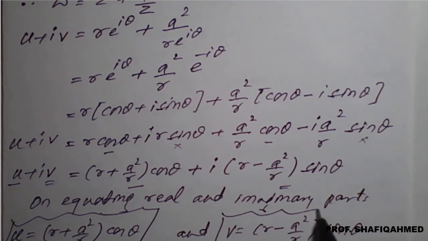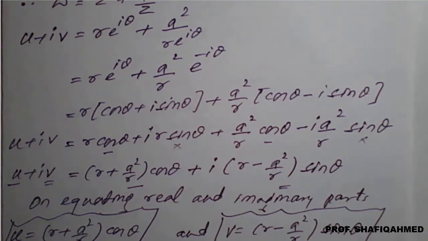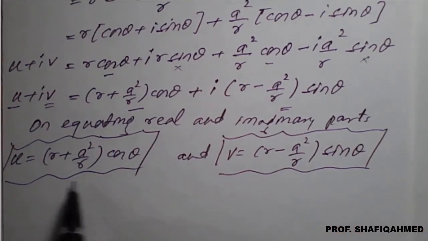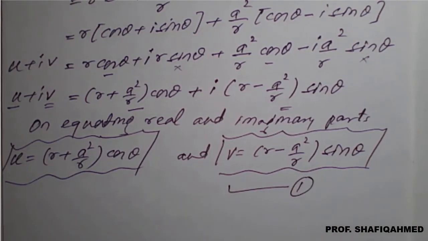So we got the real and imaginary parts, that is u and v. We will call both of these equation 1.